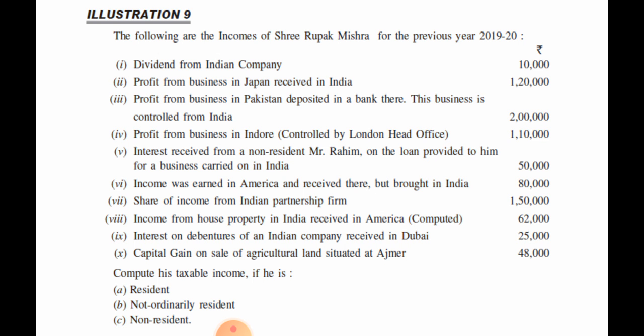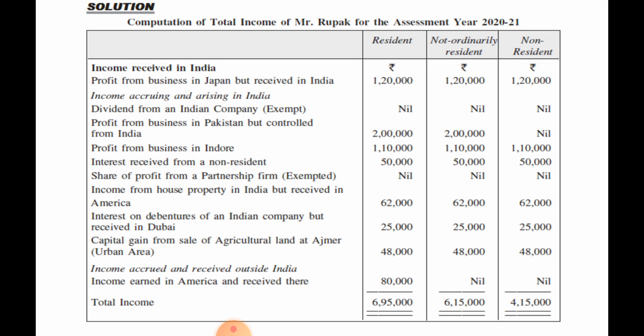Then, as it is a business income, we have categorized foreign income into two parts, business income and other income. For business income, it was mentioned that if the business is controlled from India, then it will be taxable for ordinarily resident as well as not ordinarily resident. You can also find this in the solution, where we have written profit from business in Pakistan but controlled from India.